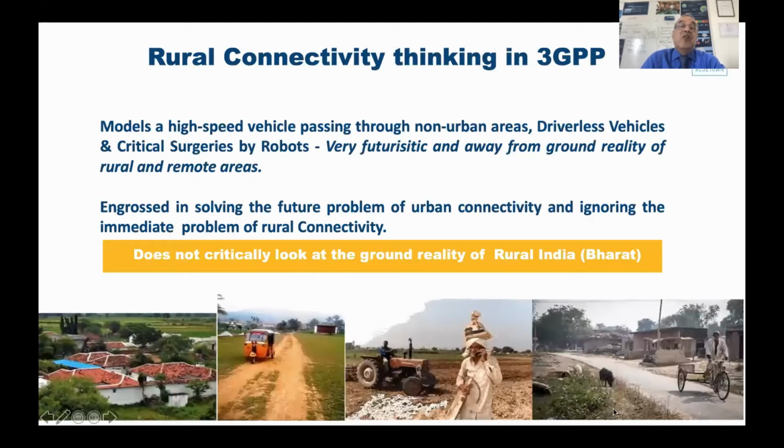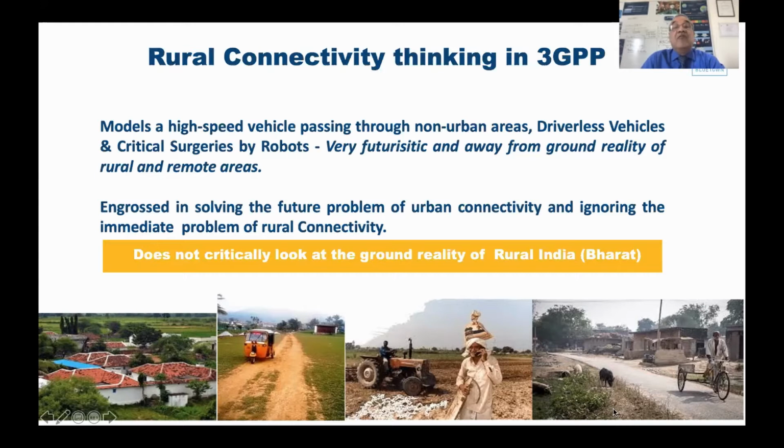Now let's talk about the rural connectivity. The thinking in 3GPP while working on 5G was to model a high-speed vehicle passing through non-urban areas, driverless vehicles, and critical surgeries by robots. Very futuristic and away from the ground reality of rural and remote areas.